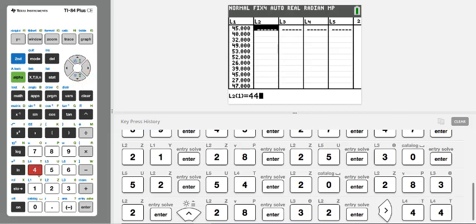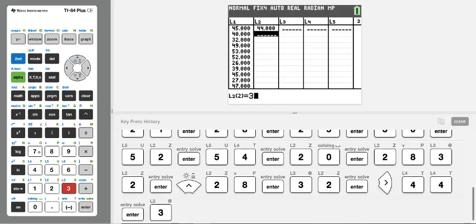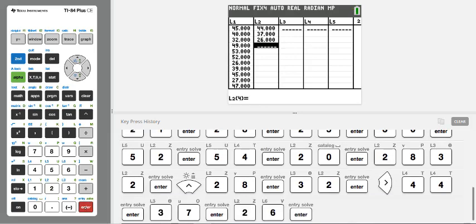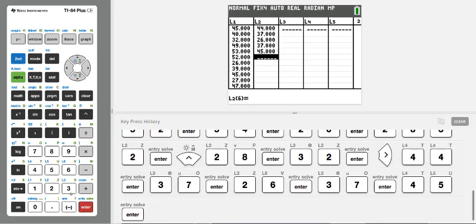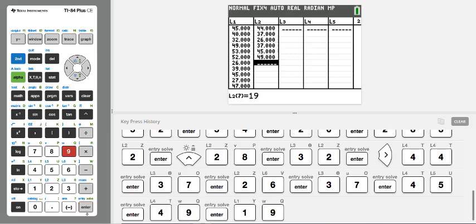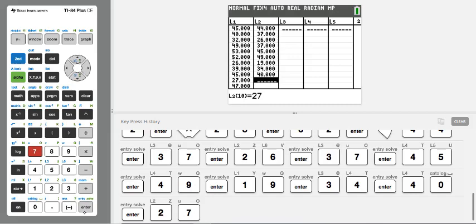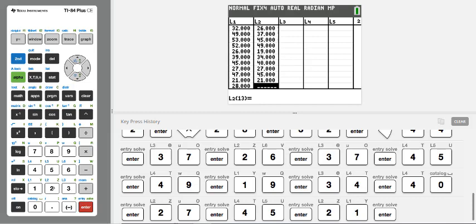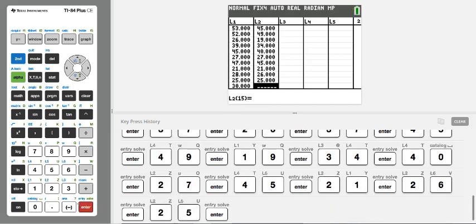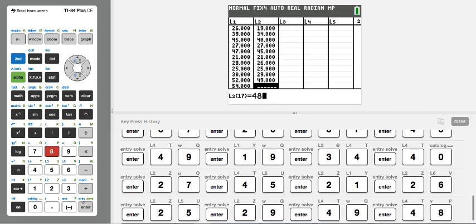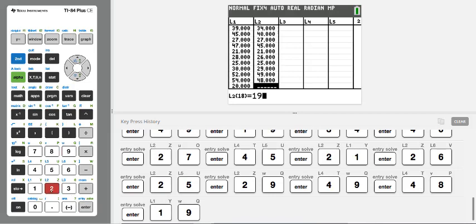So the first one's 44, 37, 26, 37, 45, 49, 19, 34, 40, 27, 45, 21, 26, 25, 29, 49, 48, 19, 22.